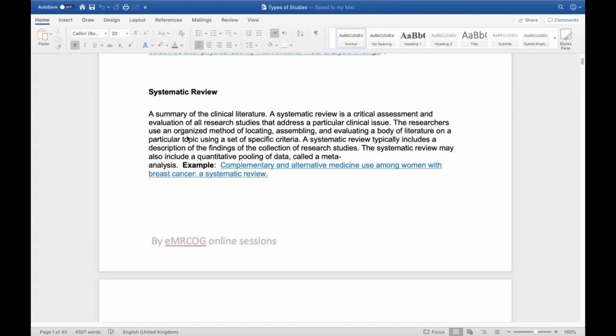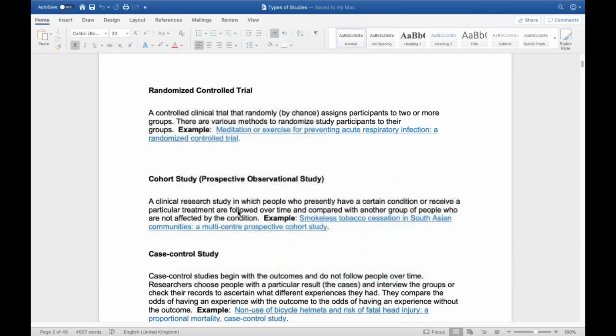The researchers use an organized method of locating, assembling, and evaluating a body of literature on a particular topic using a set of specific criteria. A systematic review typically includes a description of findings of a collection of research studies. A systematic review may also include quantitative pooling of data, called meta-analysis, and we spoke about that.